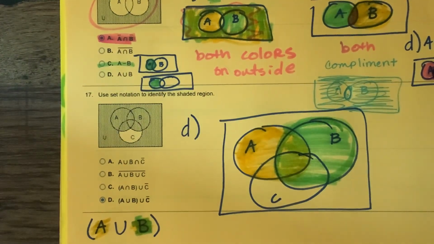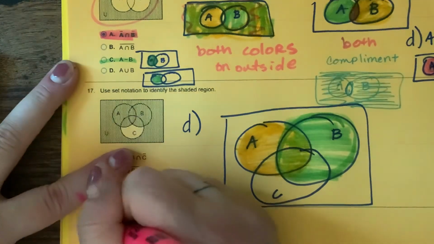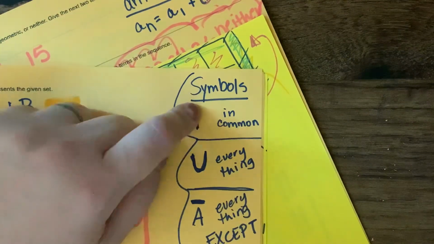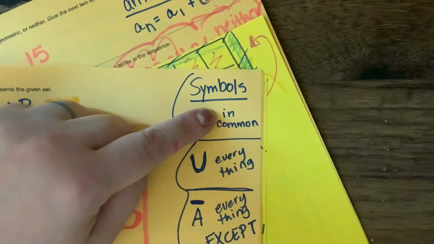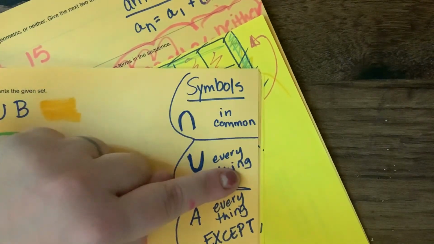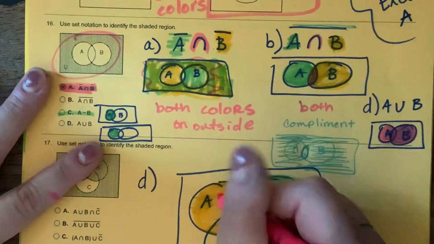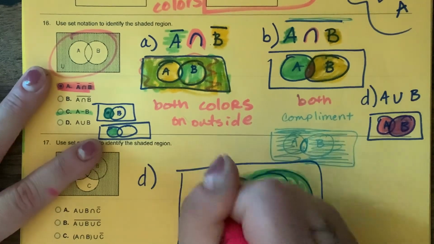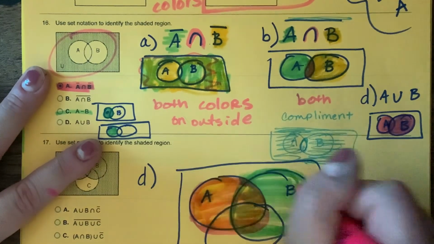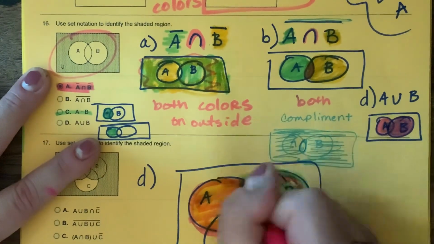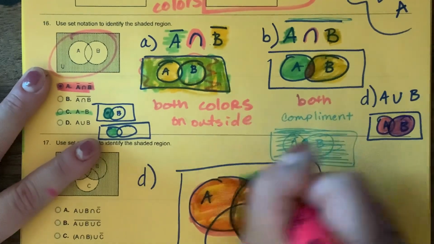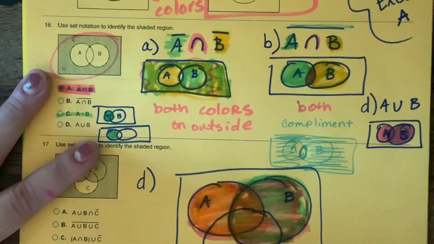Okay, that little U means we're not shading the stuff that's in common with both colors. We're shading everything from both. So A or B turns out to be both of the colors because that weird valley means you take everything from both.